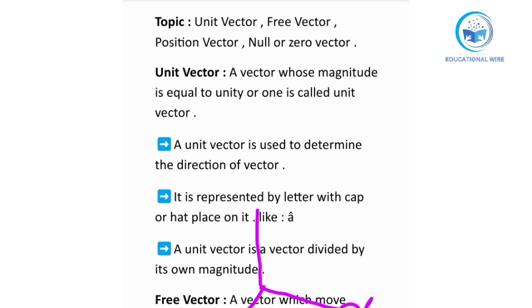This is known as x, this is y and this is z. Let's suppose that this is a position, this is the magnitude of a, this is b, this is c.